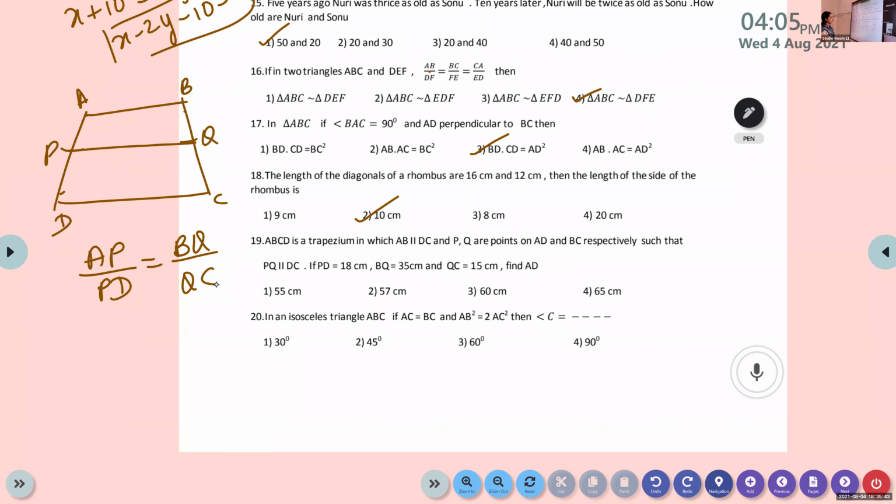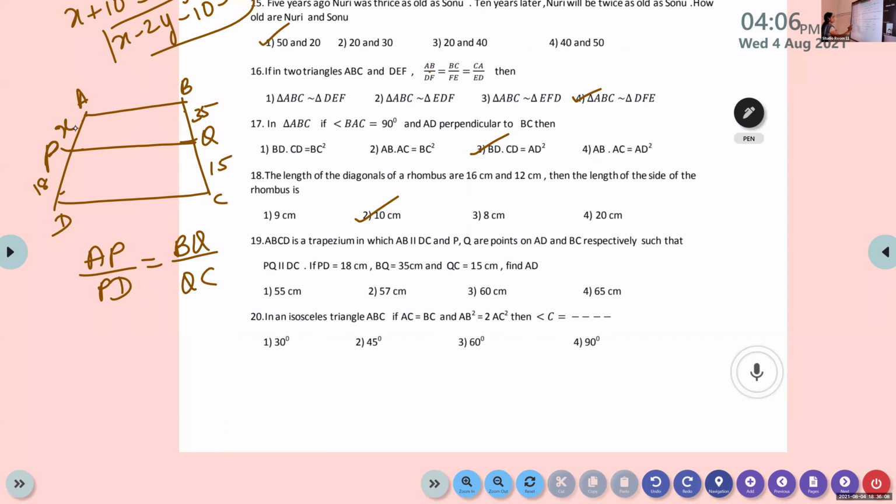But look at the question. What are the sides given here? PD is given as 18. BQ is 35. QC is 15. You have to find AD. So we don't know what is AD. So how will you find this?